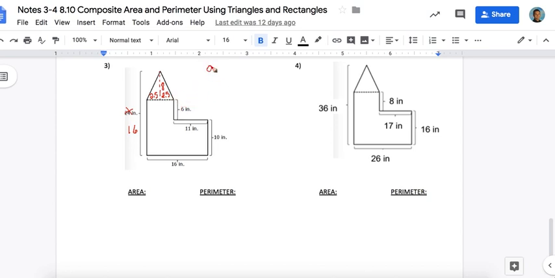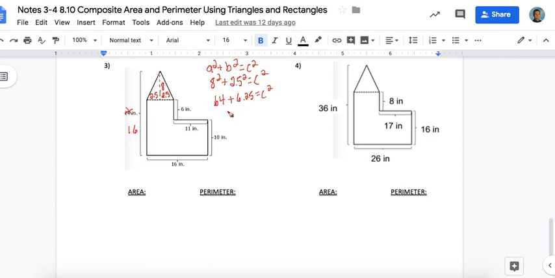Okay, now I'm going to use Pythagorean Theorem to find the hypotenuses. So let's do a squared plus b squared equals c squared. My a, we're going to call this 8, so we're going to do 8 squared plus my b is the bottom, 2.5 squared equals c squared. 8 squared is 64. 2.5 squared is 6.25.